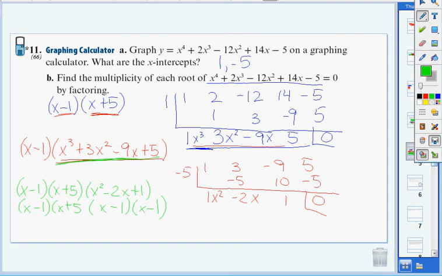The multiplicity of 1 is 3, okay? The multiplicity of 5 is 1. Actually, negative 5 is 1. What we're saying there is that x plus 5 appears once as a factor, and x minus 1 appears 3 times as a factor.